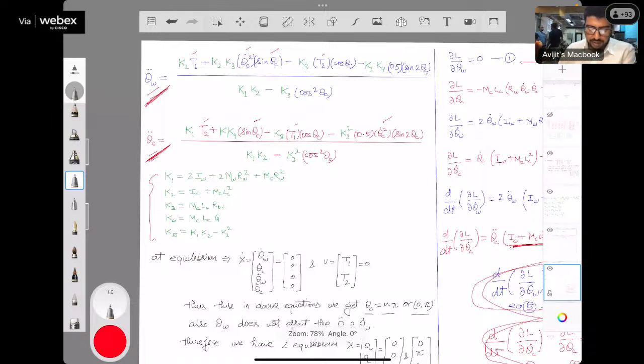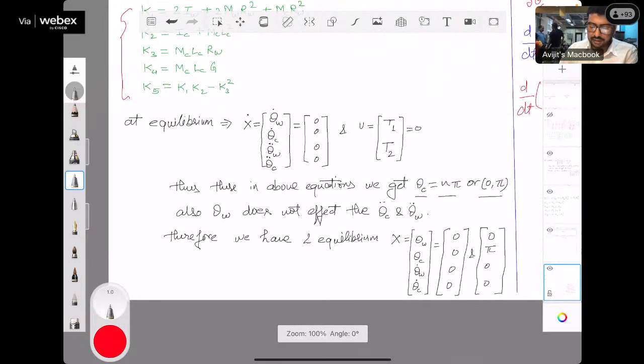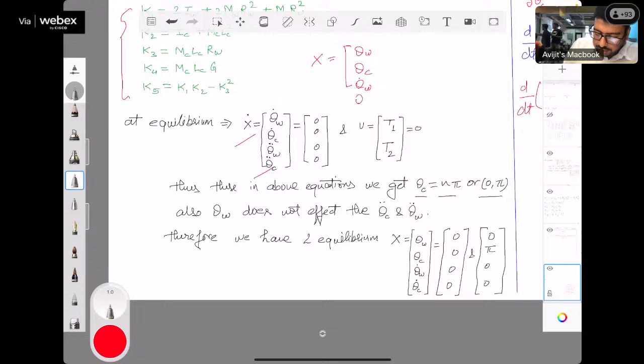What I mentioned in the previous slides is that at equilibrium, the rate of change of state is 0. So x dot becomes 0. The states are theta w, theta c, theta w dot and theta c dot.